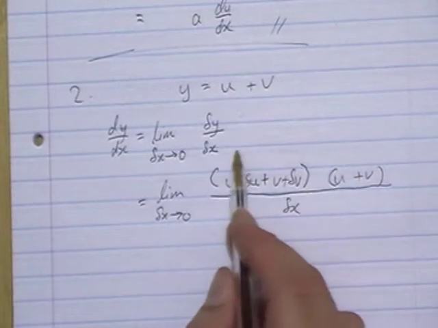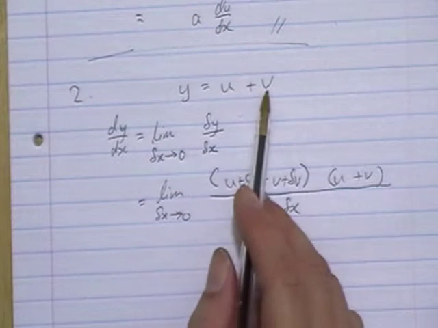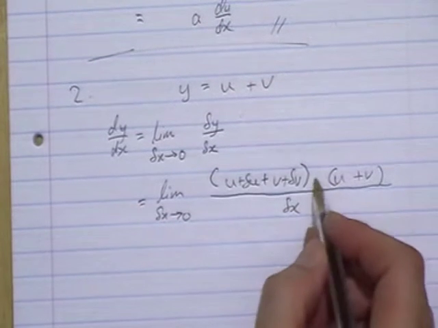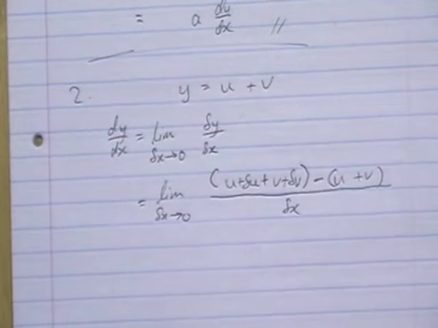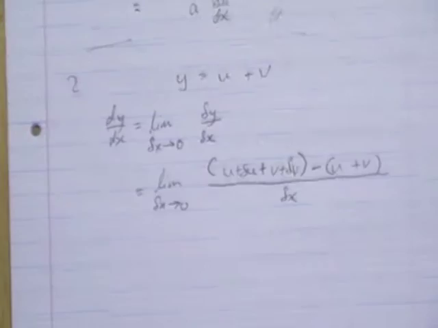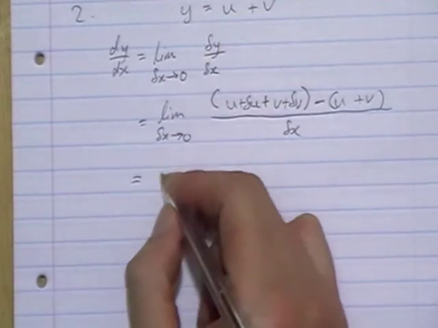So this is u plus v after x has increased by delta x. This is before. So therefore, the difference would be the change of u plus v. And that would be the change in y, which is delta y.